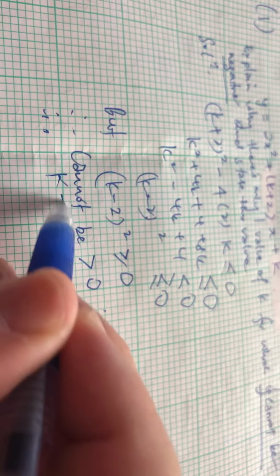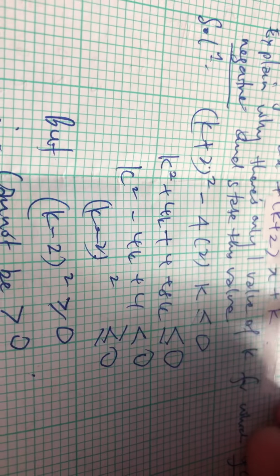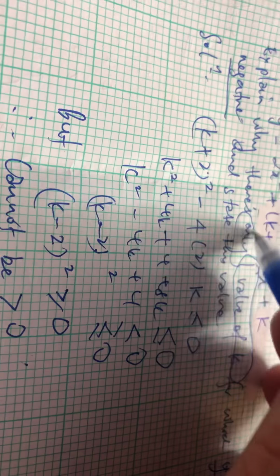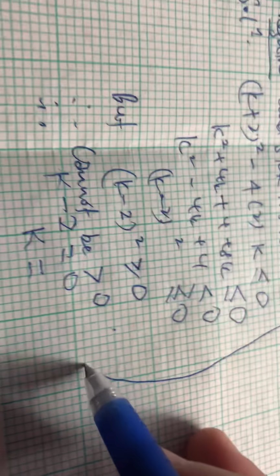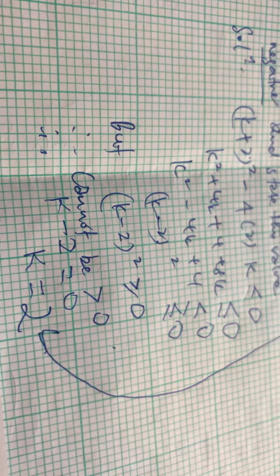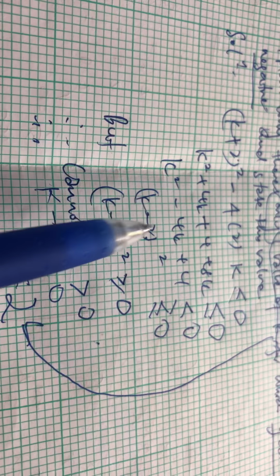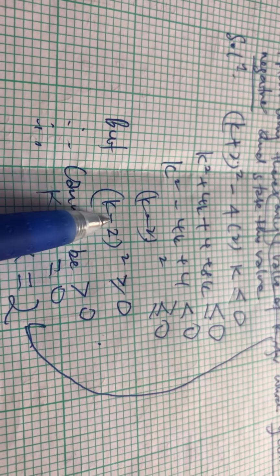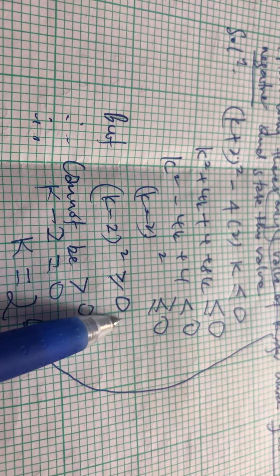That means it has to be equal to 0, which means the one and only possible value of k has to be 2. Okay, so in your explanation, you need to tell the marker that you know that a perfect square has to be greater or equal to 0.